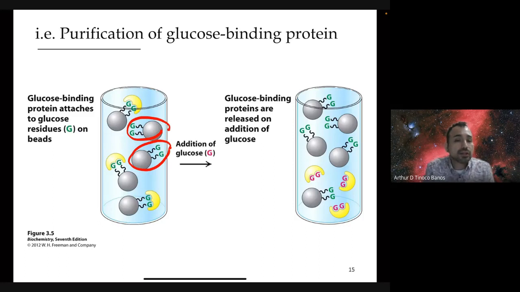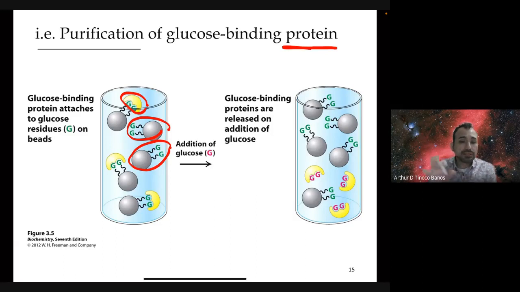Then you put your sample of interest, which would consist of proteins, and you have these yellow molecules representing a protein that will bind to the glucose.